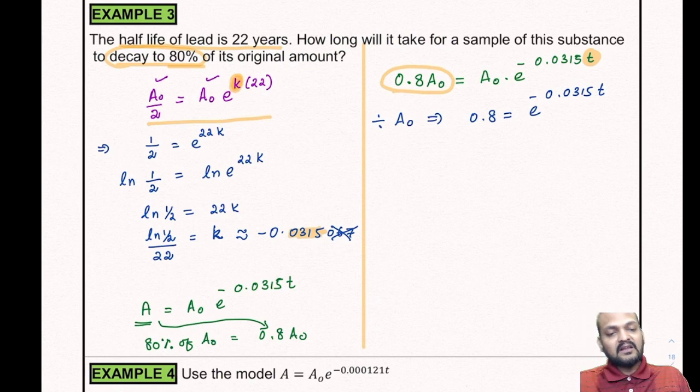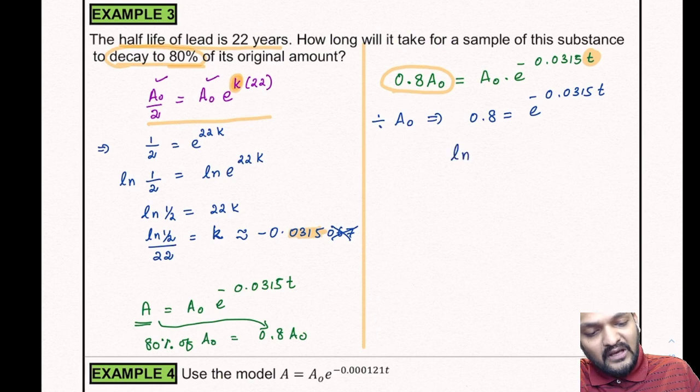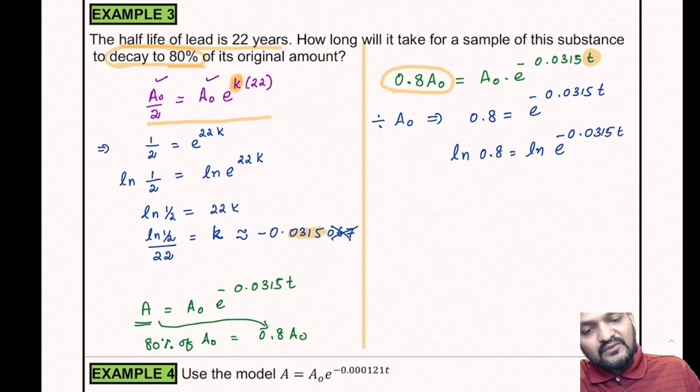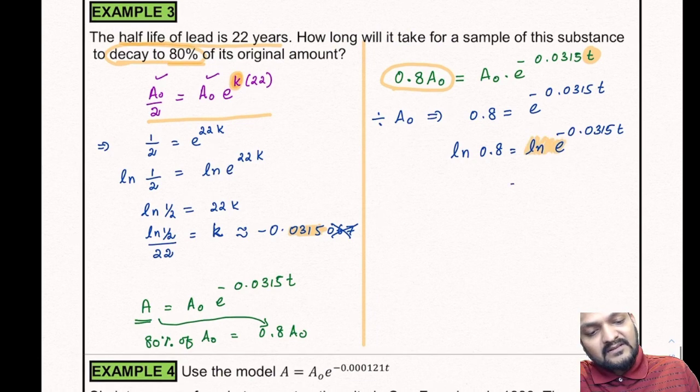Then again, our goal is to figure out the t. To do that, I'm going to take the ln on both sides. When I do that, I'm going to have ln of 0.8 equals ln of e to the negative 0.0315t. As I have been doing all along, that's going to go away. So my right hand side is going to be negative 0.0315t, and the left hand side is ln of 0.8.